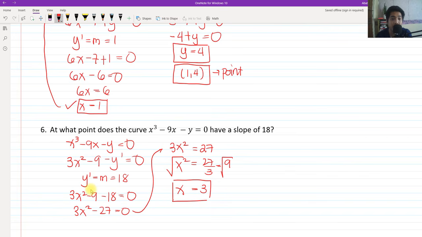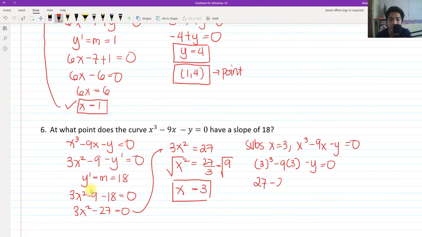To get the y, we substitute x equals 3 into the original equation, x cubed minus 9x minus y equals 0. So we have 3 cubed minus 9 times 3 minus y equals 0. This would be 27 minus 27 minus y equals 0, so 0 minus y equals 0.